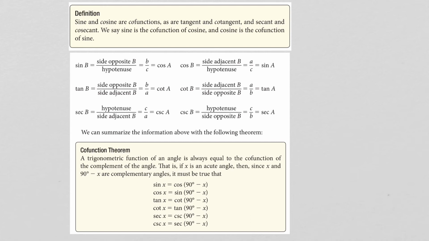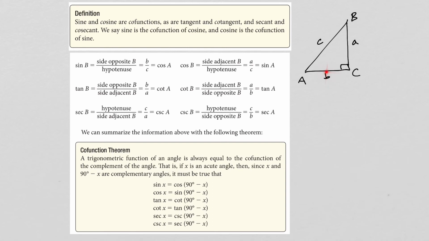Now, we already saw that the sine of angle B is B divided by C in a right triangle. And that's the same as the cosine of A. So if you just take a look at a right triangle, ABC, here's side A, here's side B, here's side C. Again, remember that the way you label it is the letter of the side has to match the letter of the angle that is opposite it, right?